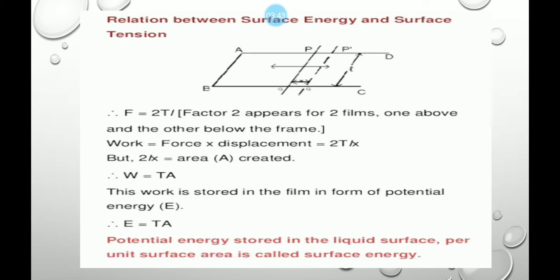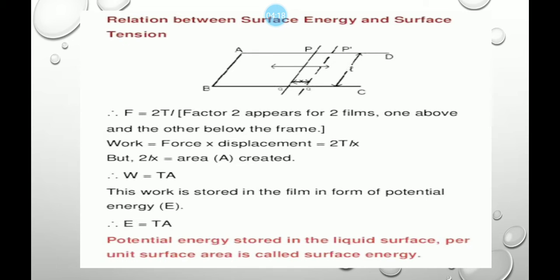By applying an external force isothermally, equal and opposite to F, the work done by this force is work equals force into displacement, so here we get 2TLx. But 2Lx is equal to the area A created, that is the increase in area of the two surfaces of the films.